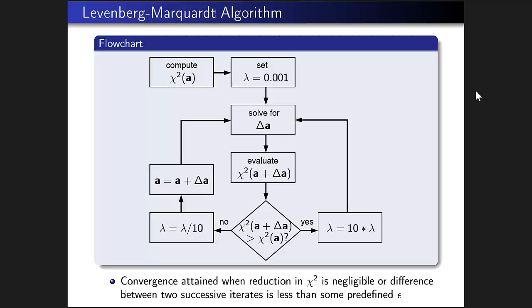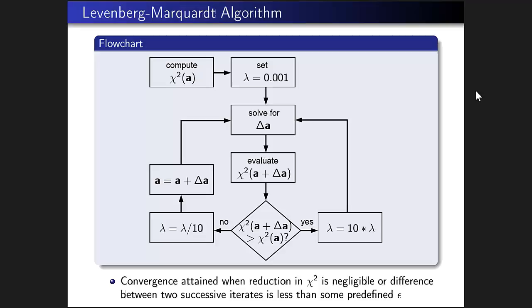You compute what your chi-squared is at your current iteration. You set this lambda. You solve for the step. You evaluate what chi-squared is at that step. And if it didn't reduce chi-squared, you hit lambda with a factor of 10 and you try it again.